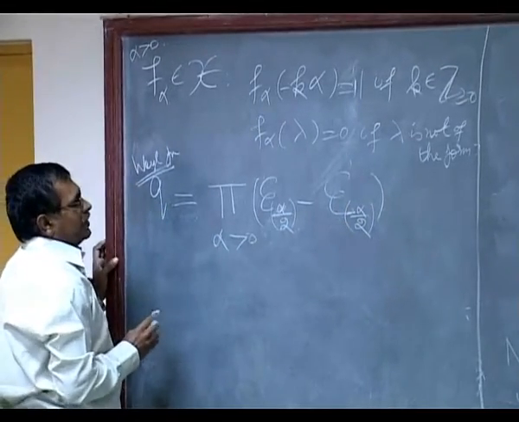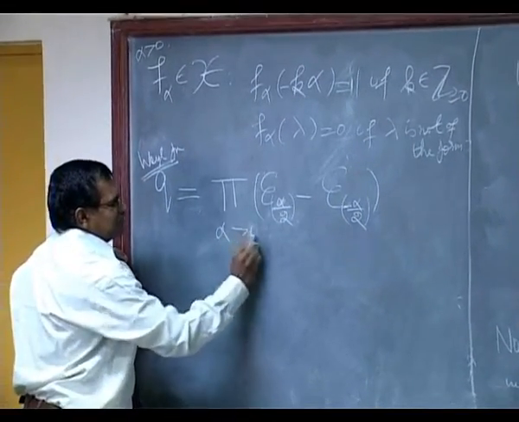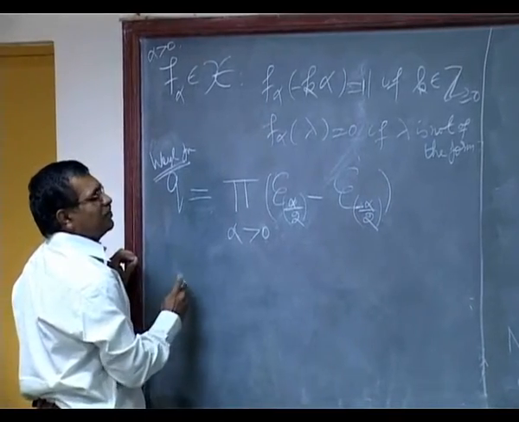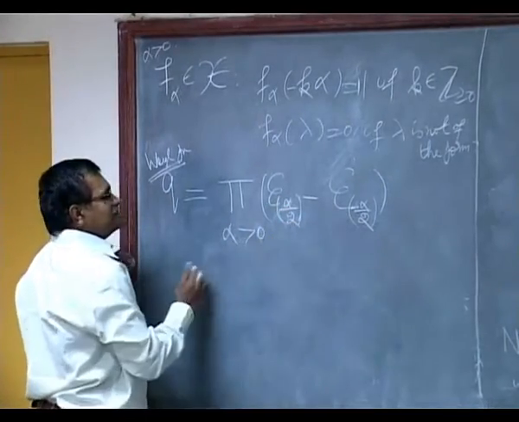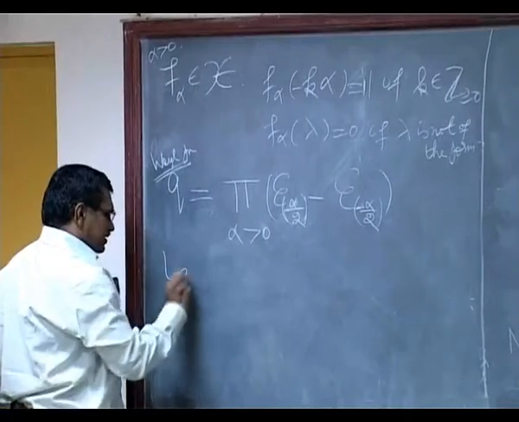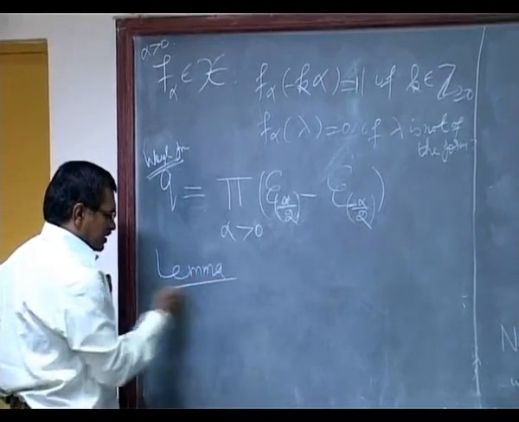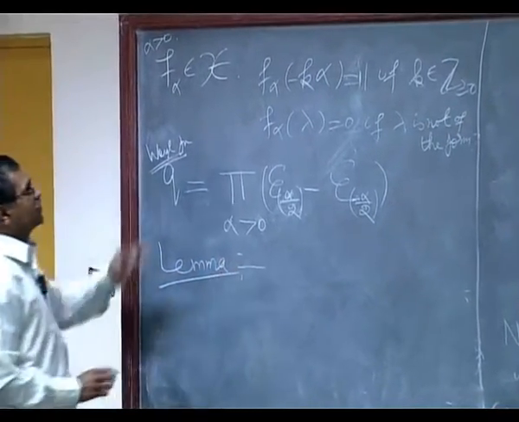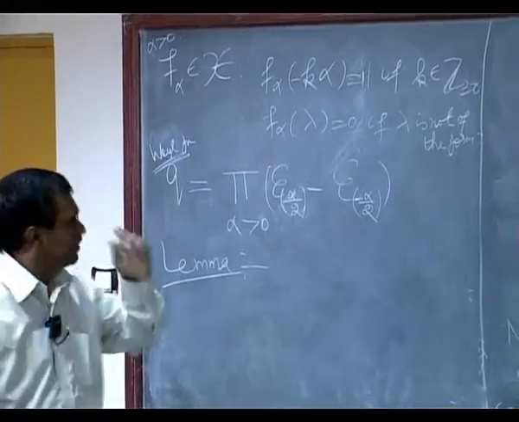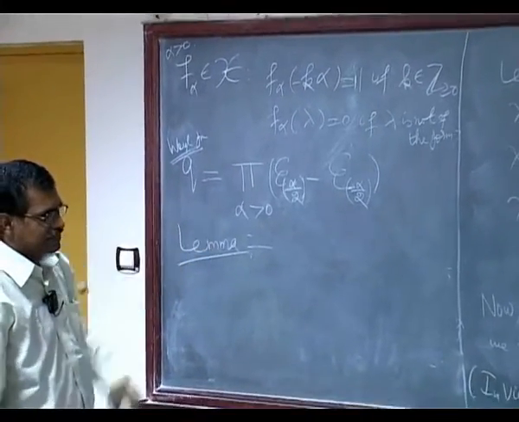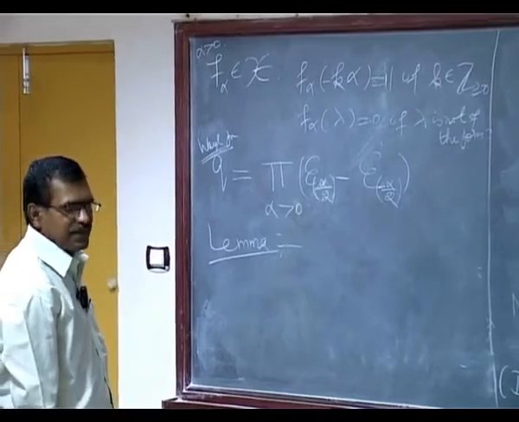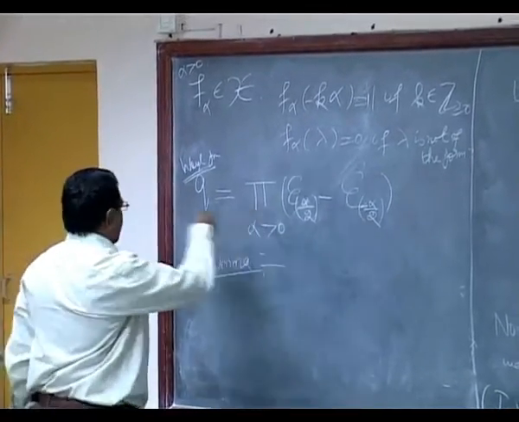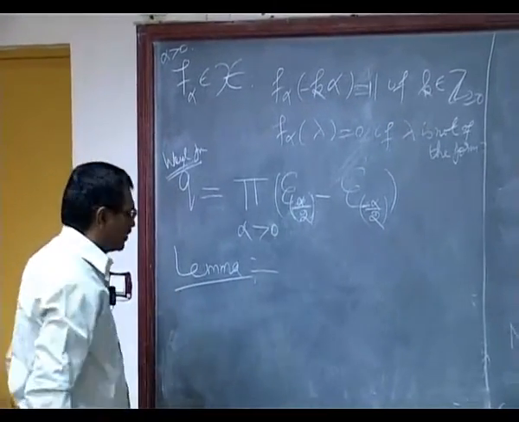Now we have some lemma involving the functions p, small p, f alpha, epsilon alphas, lambdas, and q. We have some formulas.